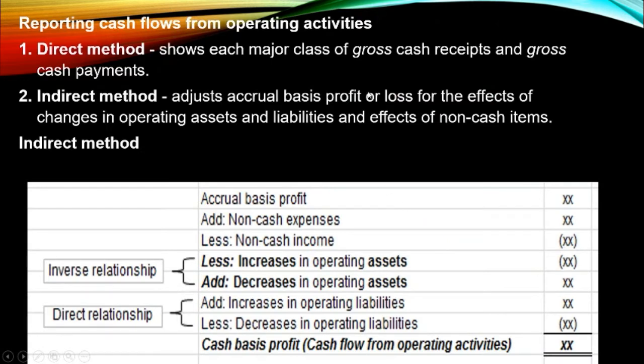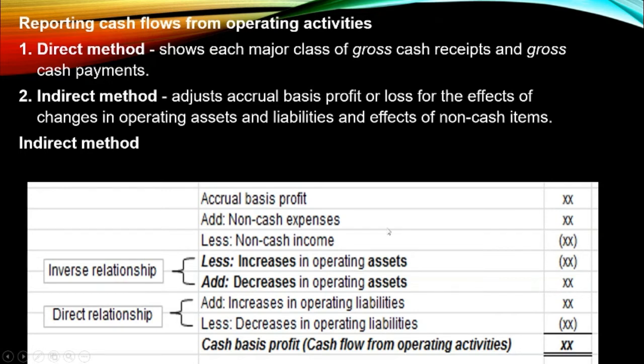Now, reporting cash flows from operating activities, we have direct and indirect. If it is direct, major classes of gross cash receipts and gross cash payments. Indirect, adjust accrual-based profit or loss for the effect of changes in operating assets and liabilities and the effect of non-cash items. So these are accrual-based profit.